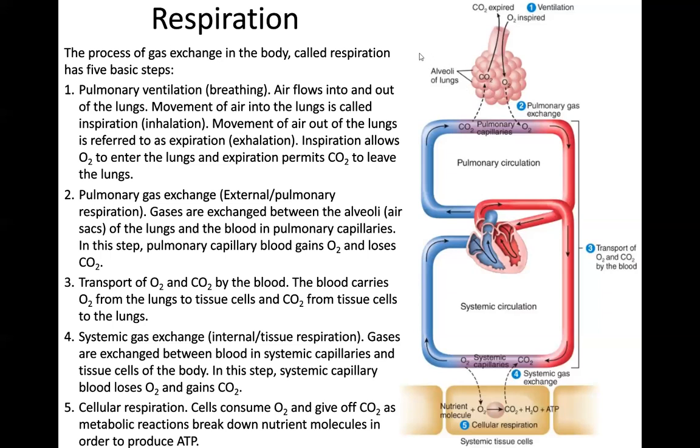Like the stem that holds those grapes together, that's what the alveolar duct is. That's an airway that leads to all those little sac-like grapes. What's not shown is that pulmonary capillaries will be very prevalent surrounding each one of those for ready gas exchange. The type of gas exchange that occurs in our lungs is called pulmonary gas exchange.